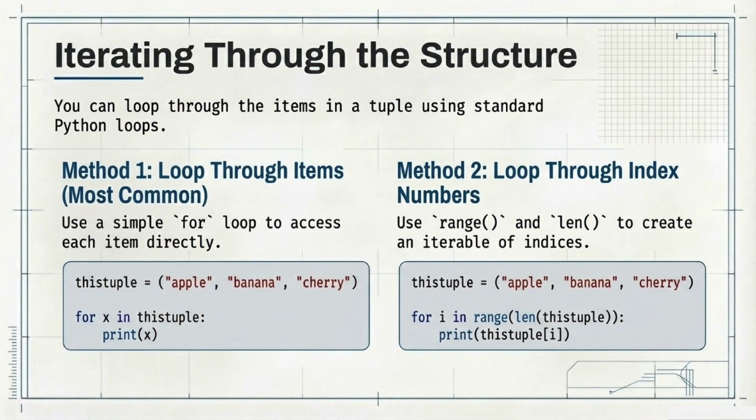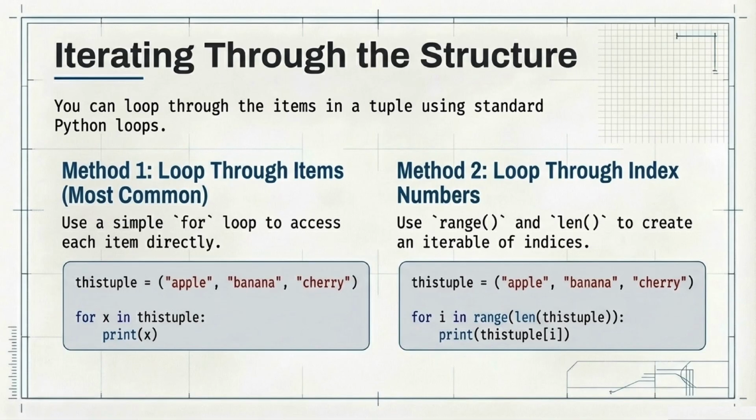For example, given a tuple such as apple, banana, and cherry, a for x in this_tuple loop allows you to access and work with each element one by one without needing to worry about index positions. This method is clean, readable, and ideal when you only care about the values themselves.